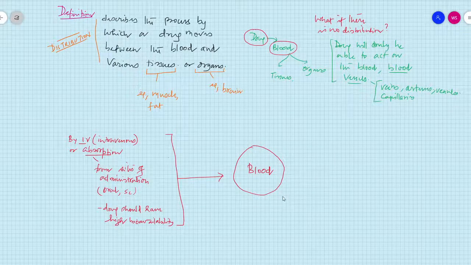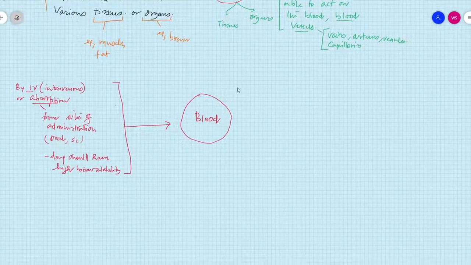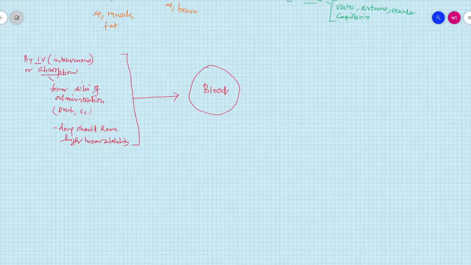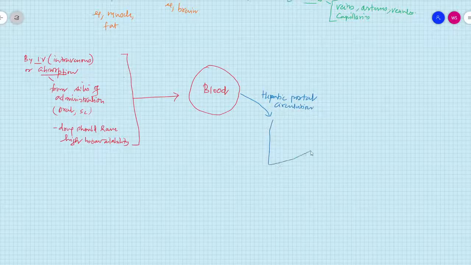What happens after it enters the blood? The drug from the blood goes into the hepatic portal circulation. And where does it go? It goes into the liver.